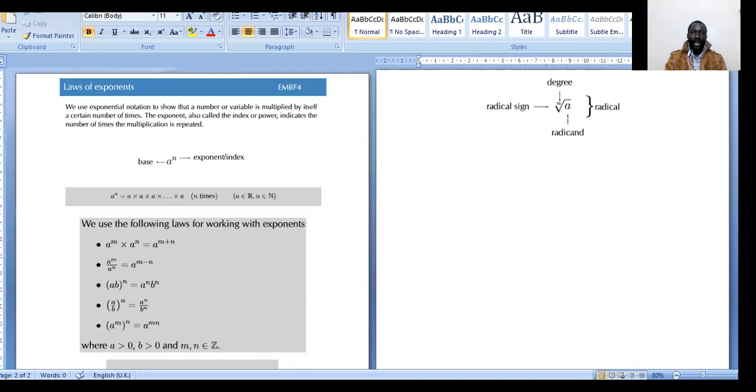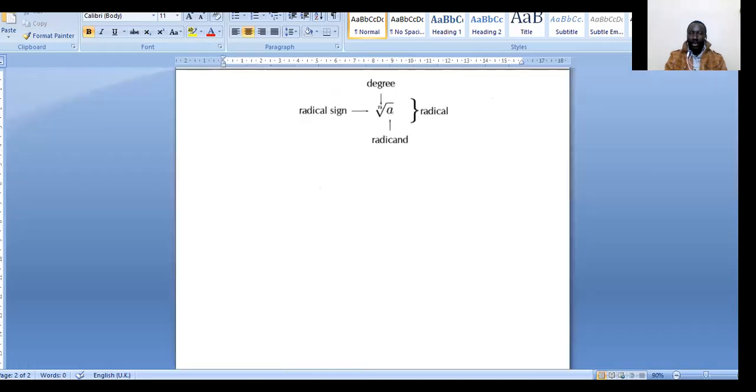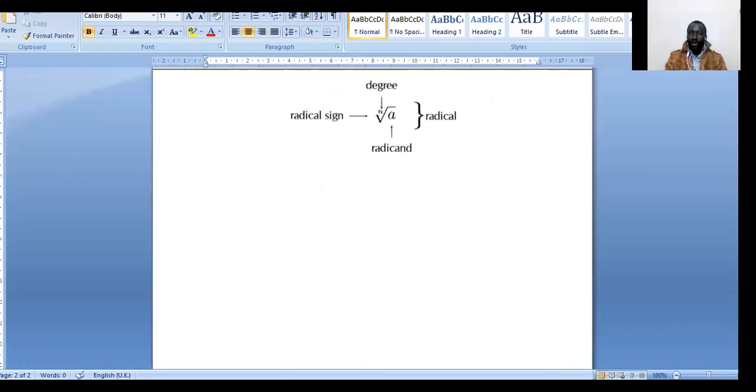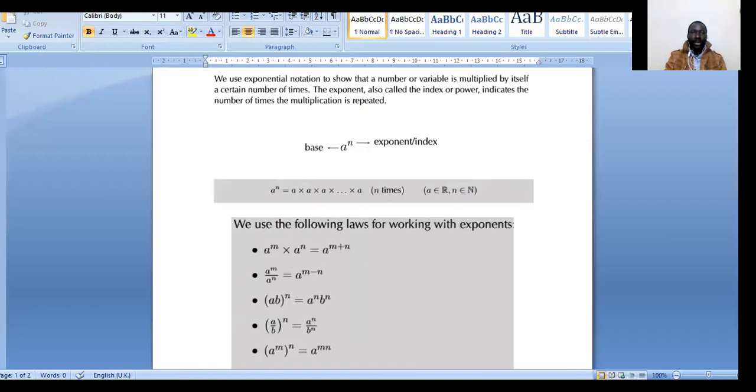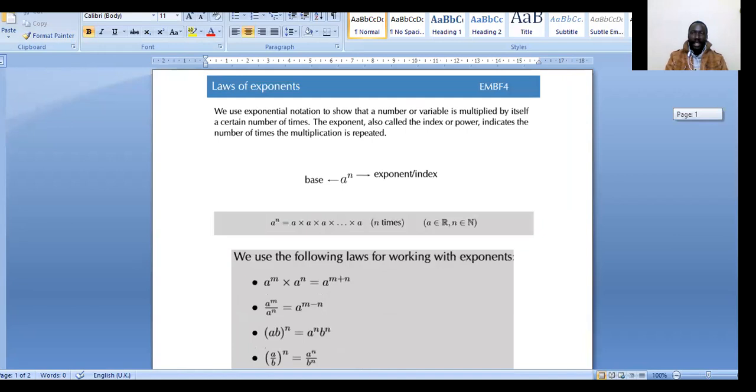Before we go to surds, the laws of exponents start with the definition of exponent itself.